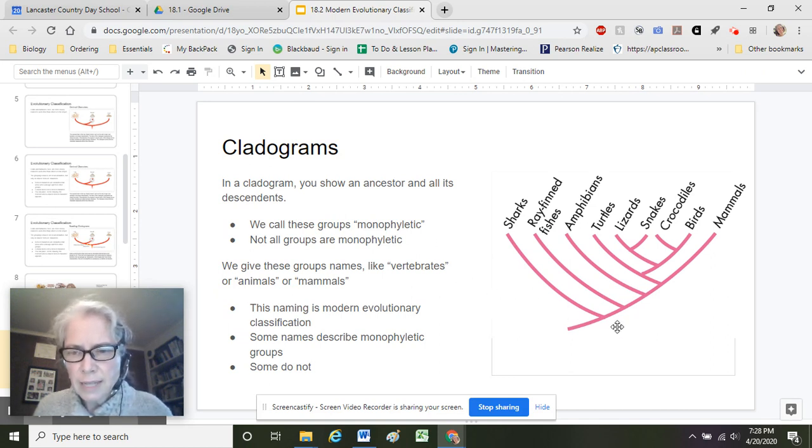So let's look at this ancestor here at the bottom of this cladogram. This ancestor and all its descendants are the vertebrates. So the vertebrates is a monophyletic group. That said, not all named groups are monophyletic, and in a moment we'll look at an example of a named group that is not.